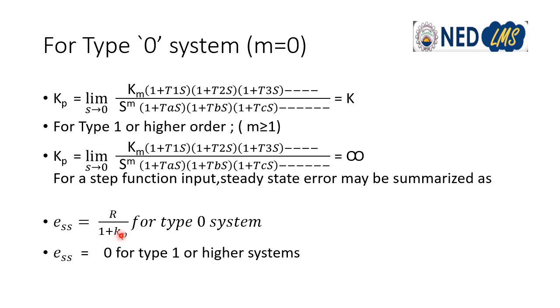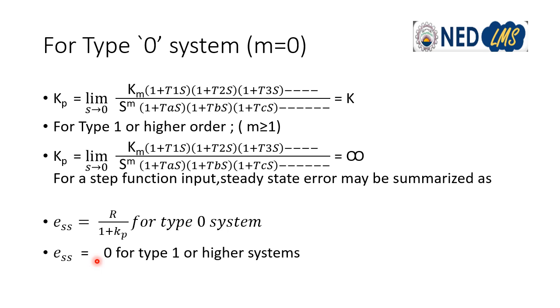So if we have infinity here, then R upon 1 plus infinity will be R upon infinity, and that will be equal to 0 for type 1 or higher order systems. The general expression is R upon 1 plus Kp. When Kp is infinity, R upon infinity is 0.